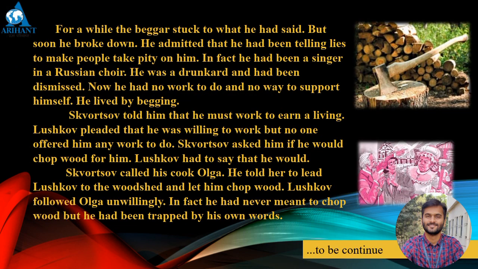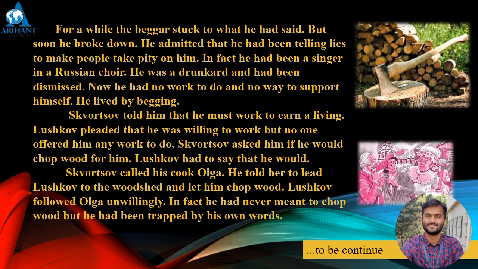For a while, the beggar stuck to what he had said, but soon he broke down. He admitted that he had been telling lies to make people take pity on him. In fact, he had been a singer in a Russian choir. He was a drunkard and had been dismissed. Now he had no work to do and no way to support himself. He lived by begging.